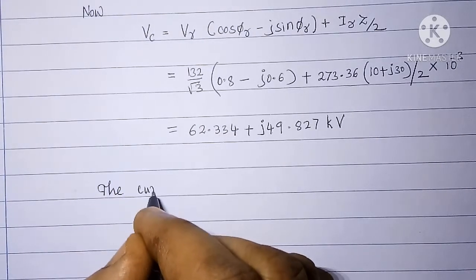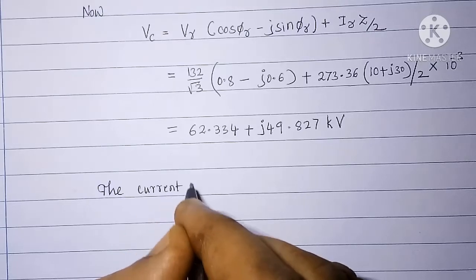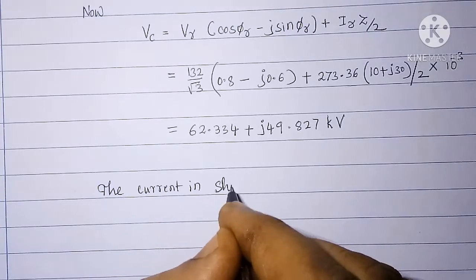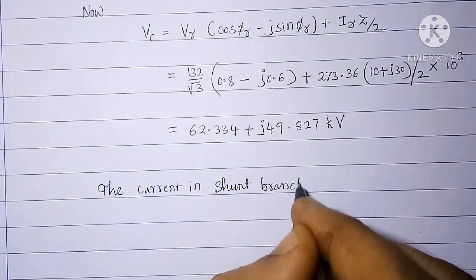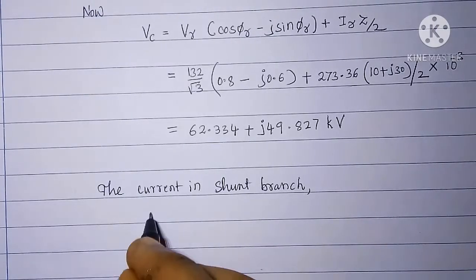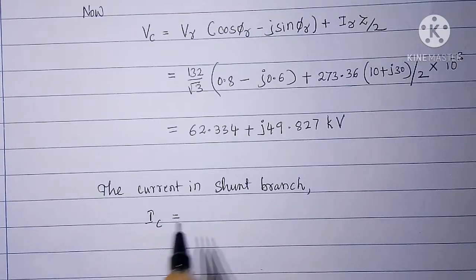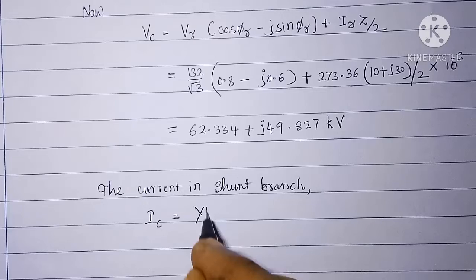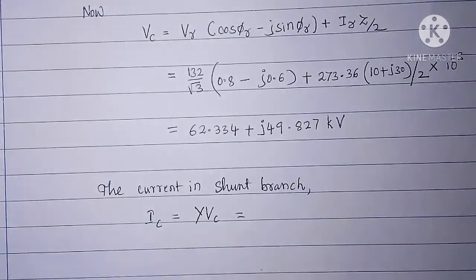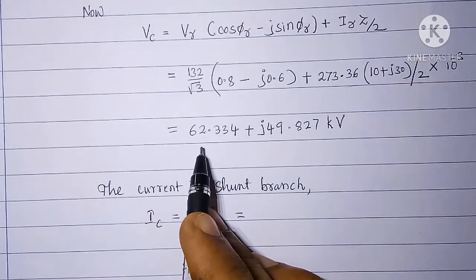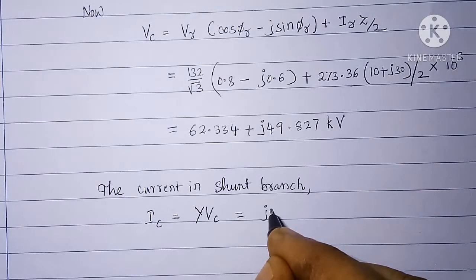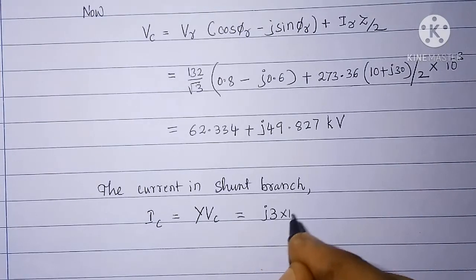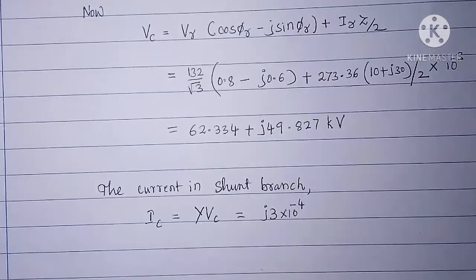The current in shunt branch, that is IC, is equal to Y into VC. VC we have calculated here, and Y is j3 into 10 raised to minus 4.